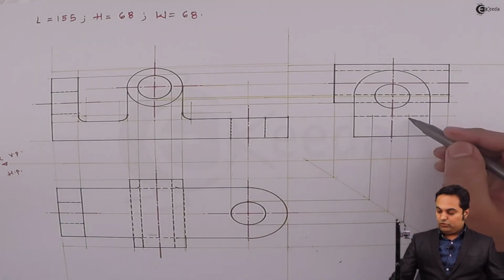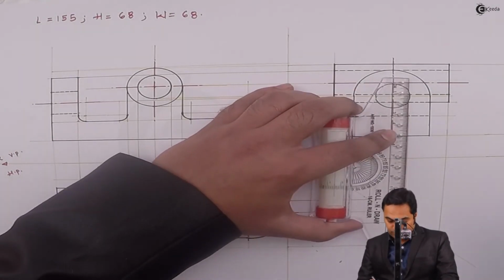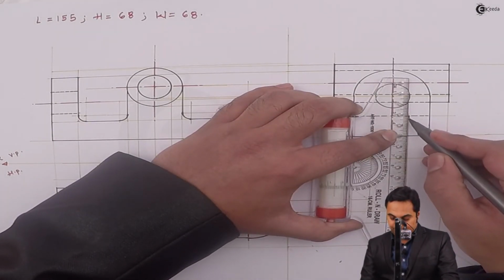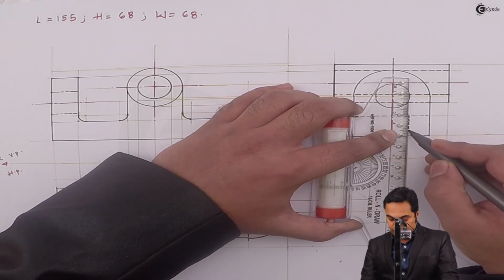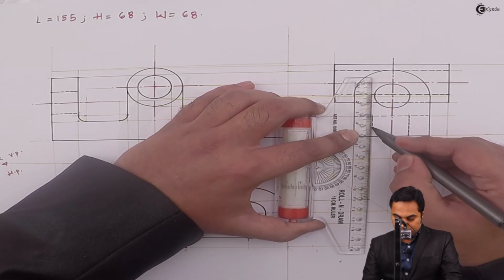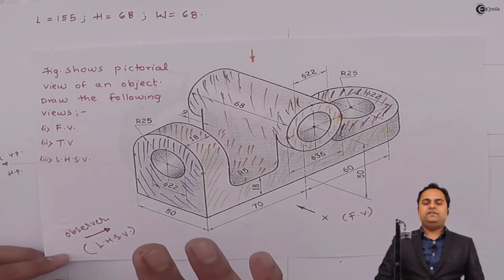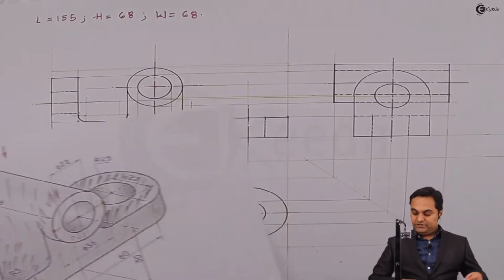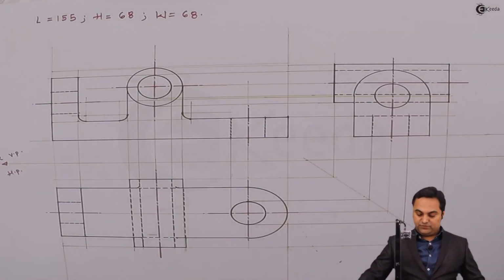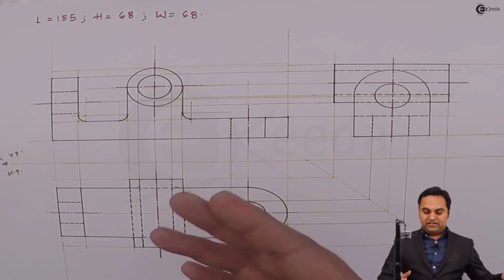So this will be the hole inside this semicircular disc. I'll have to draw it hidden. After reaching at this stage, I can say that the side view is complete. That is, I have drawn both the visible as well as the hidden portion. The next step would be to give the dimensions, starting with the front view.